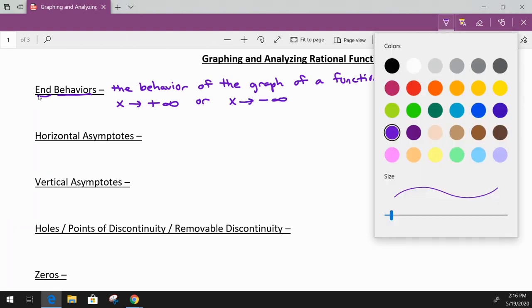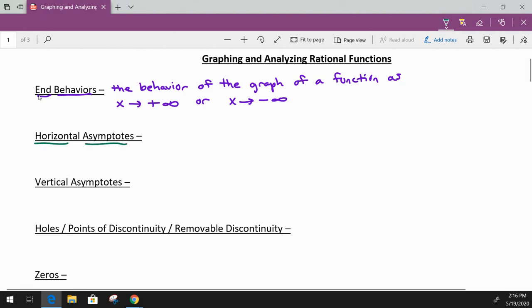The next definition that we have is a horizontal asymptote.